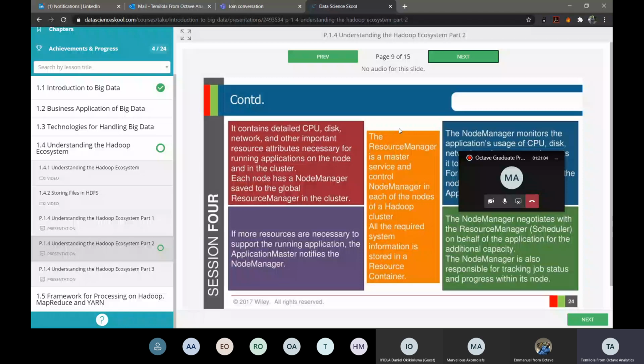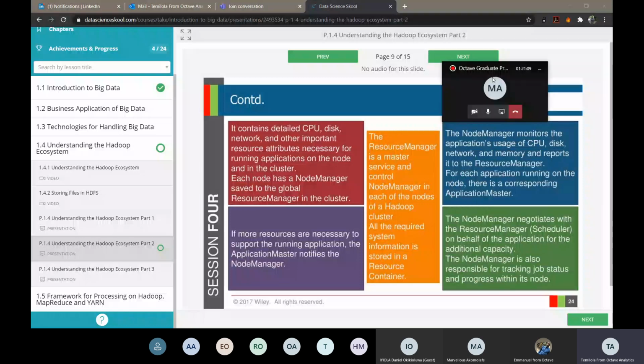So YARN contains what you know as the resource manager. The resource manager is a master service and controls the node manager in each of the nodes of your Hadoop cluster. All the required system information is stored in a resource container. Like I said, if you are the admin, you have information about the different things you have administrative roles over.